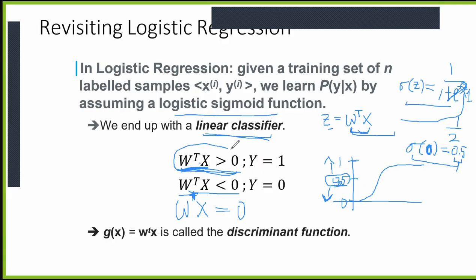So this is basically the linear classifier, which we will also use when we go over the support vector machine, and we call it g of x. We will call this a linear classifier or discriminant function, or even a score function interchangeably.